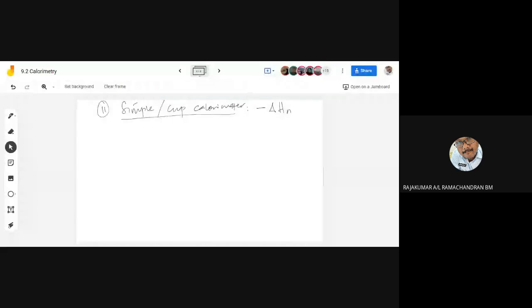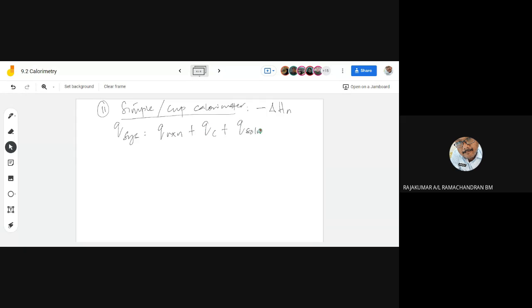So you can refer to your nota, boleh tengok nota. Dalam nota pun ada gambar simple calorimeter, ataupun anda Google pun boleh nampak diagram dia. Okay, also similar concept, Q system equals Q reaction plus Q calorimeter plus Q solution. This one a bit different.